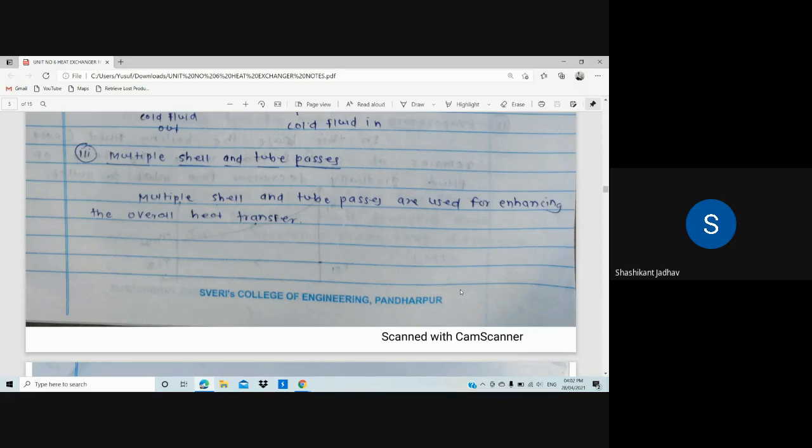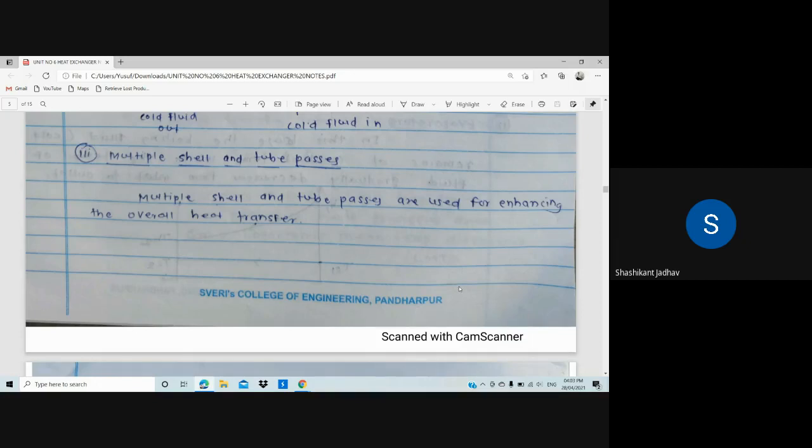Write down: multiple shell and tube passes are used for enhancing the overall heat transfer.